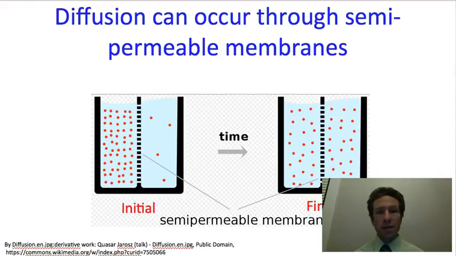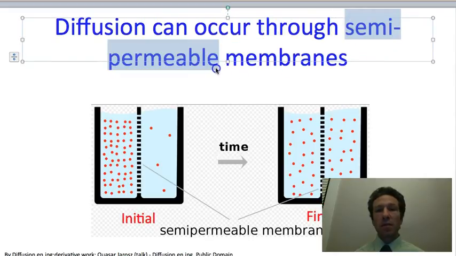This same process can happen if we have two containers that are divided by a semi-permeable membrane. Semi-permeable means that some things are able to get through. It is permeable to them, but other things are unable to get through. It is impermeable to those other things.